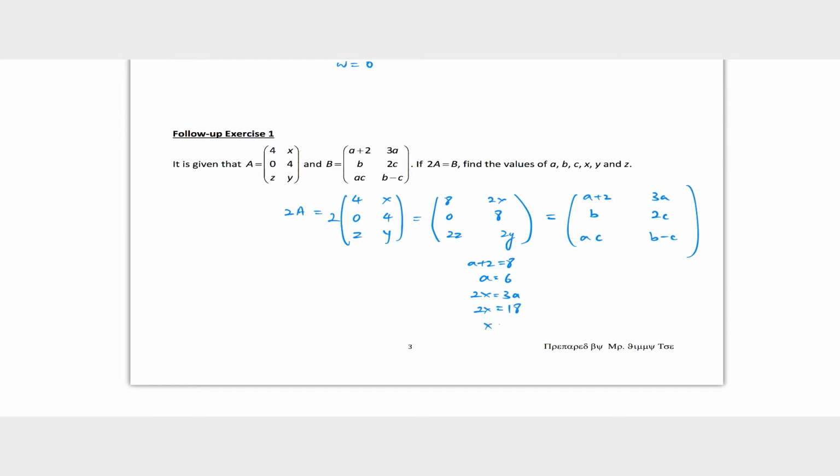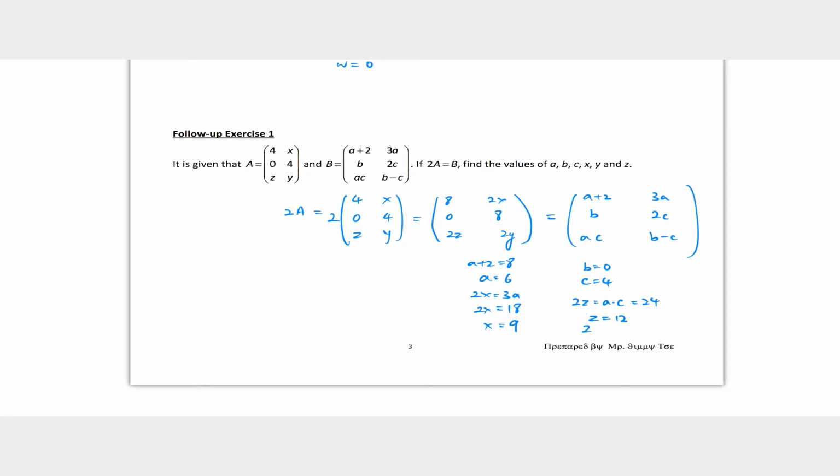So you can also find x is equal to 9. And b is equal to 0. And c is equal to 4 because x is equal to 2c. And then 2z is equal to a times c, 24. z is equal to 12.